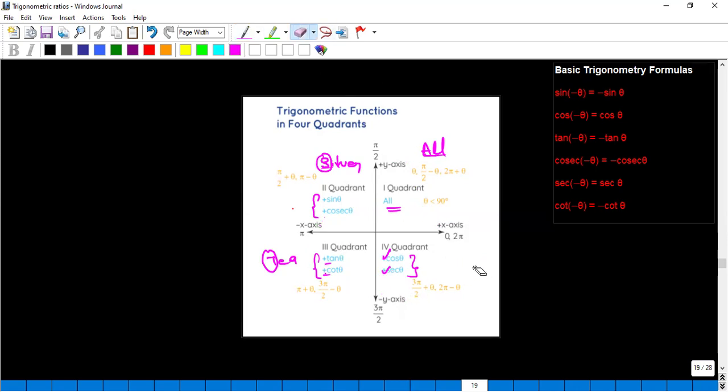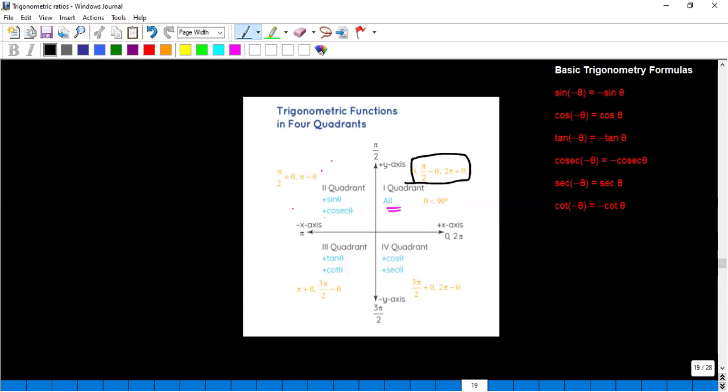Now you just observe here, some more notations are given here. What are they? Just observe here, whatever angles you may take, they will be like this. Suppose you are taking a point over here, join the point with origin, this angle will be theta.